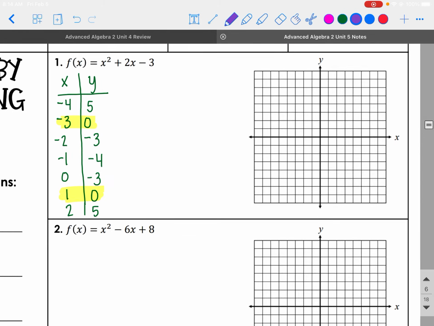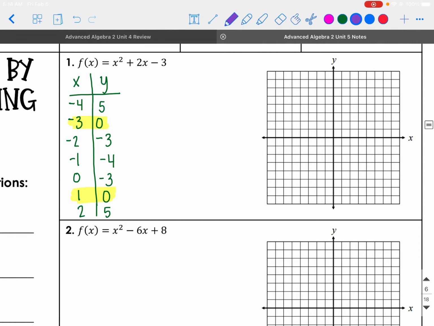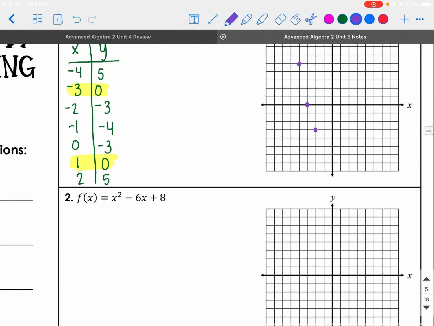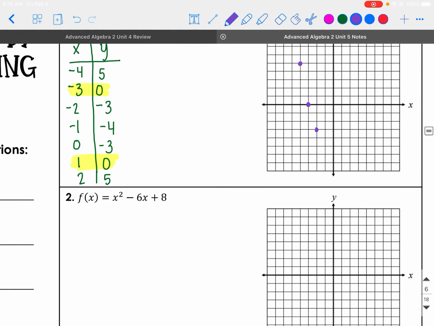So let's start by plotting these points: negative 4, 5; negative 3, 0; negative 2, negative 3; negative 1, negative 4; 0, negative 3; 1, 0; and 2, 5.